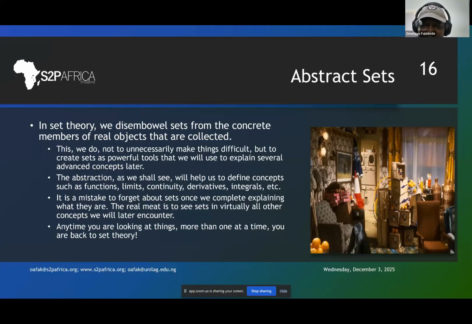The abstraction, as we shall see, will help us to define concepts such as functions, limits, continuity, derivatives, integrals, etc. It is a mistake to forget about sets once we complete explaining what they are. The real meat is to see sets in virtually all other concepts we will encounter later. Anytime we are looking at things, more than one at a time, you are back into set theory.